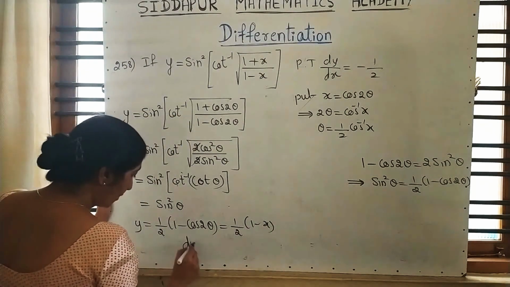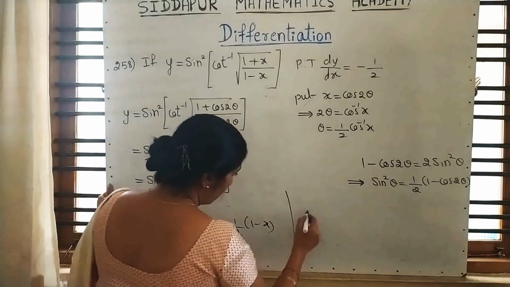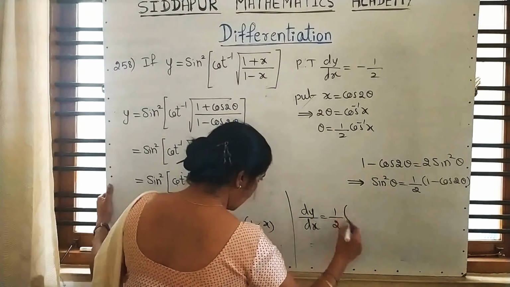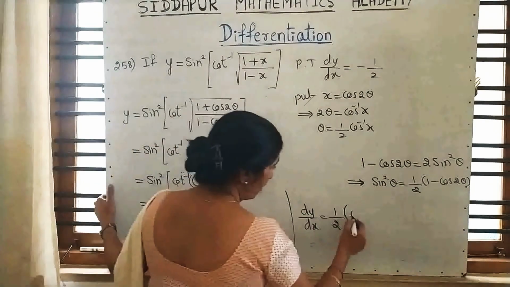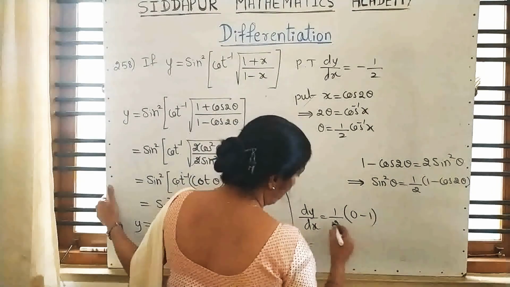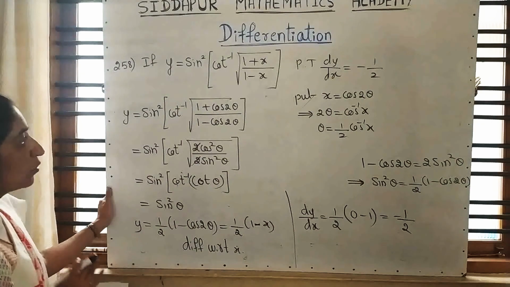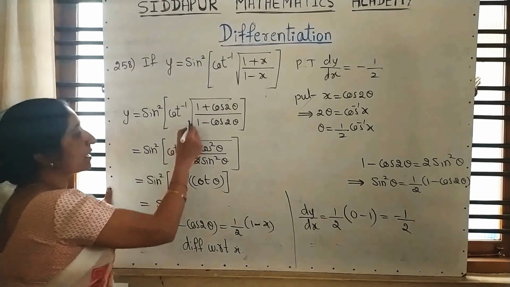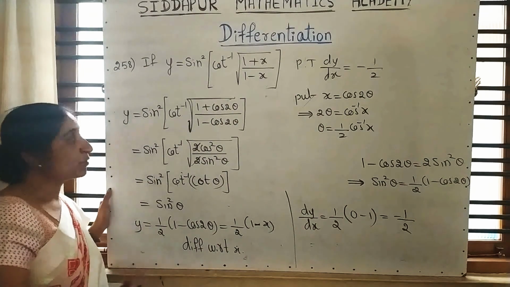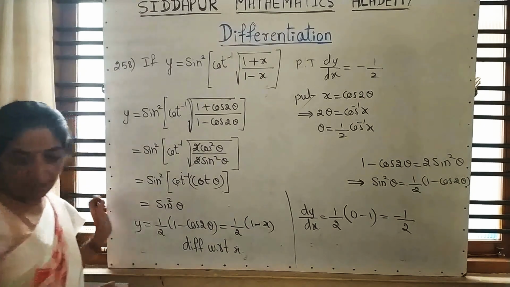Now differentiate this. dy upon dx on the left side. 1 by 2 constant keep as it is in the bracket. Differentiation of 1 is 0. Differentiation of x is 1. Because of this minus we will get minus 1. When you complete this, this will be minus 1 by 2. It looks complicated, but if you know these hints, under root if it is 1 plus x upon 1 minus x, what will be the substitution? Again I will explain 2 more examples. They are also a little bit lengthy.